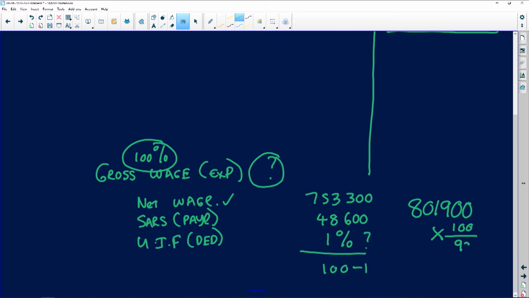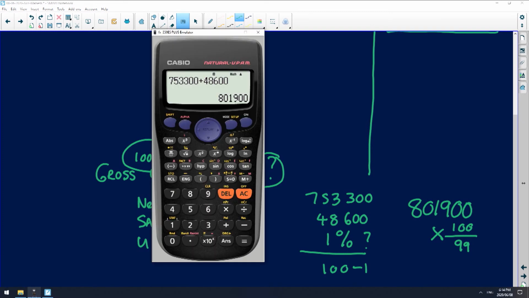I am only given 99% of the amount. Okay, so if I now take my calculator out one more time, I am now able to calculate my gross wage. Okay, so let's do that. Times I want the gross wage, which is 100, divided by I have 99% of the amount.